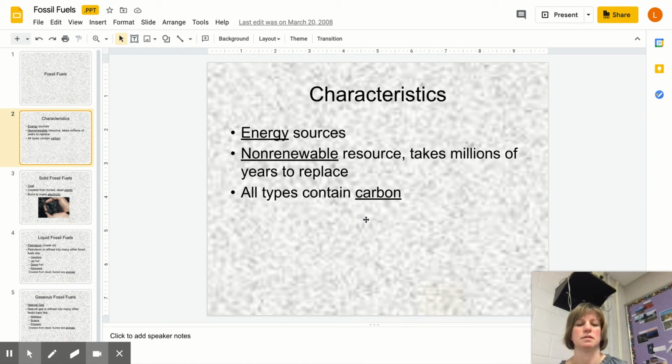Now, this is something that is potentially new to you. All types of fossil fuels, no matter what type, contain carbon. And so here's the reason that that's so important. When you burn them to release their energy, the carbon combines with the oxygen from the atmosphere to make carbon dioxide.